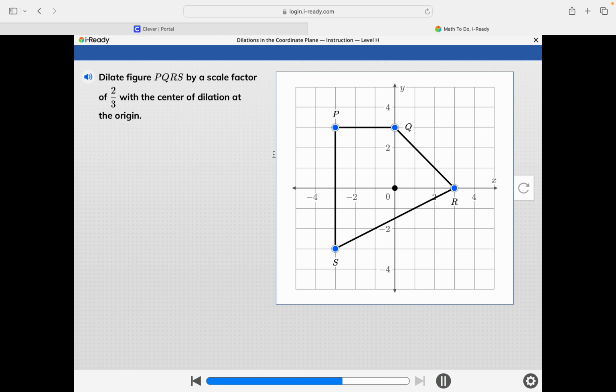R prime x value equals 3 times 2 by 3, 3 and 3 cancel, 2. The x value is 2. The y equals 2 by 3 times 0 equals 0. Now R prime equals 2 and 0. Now I am done with the R.